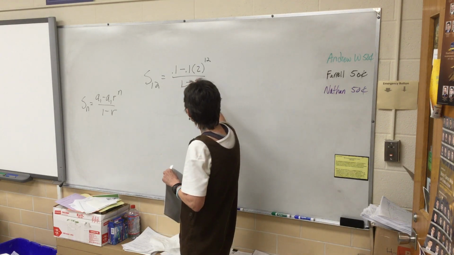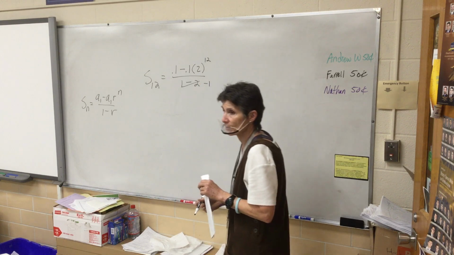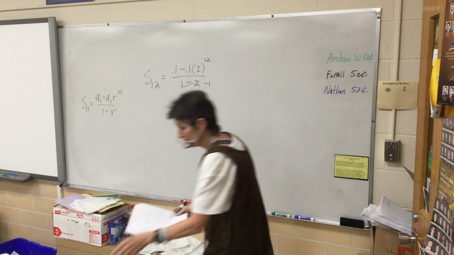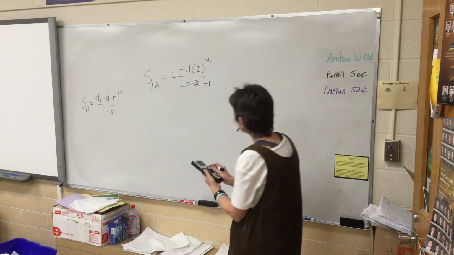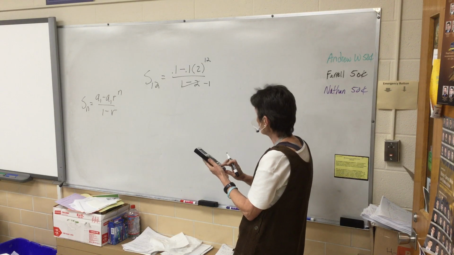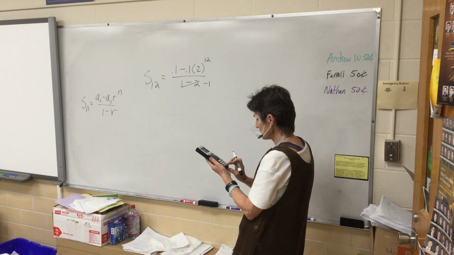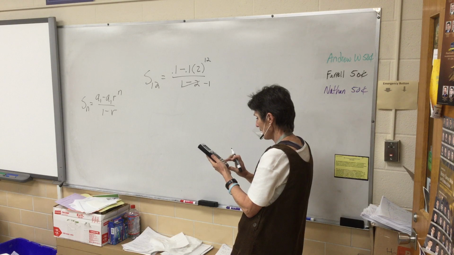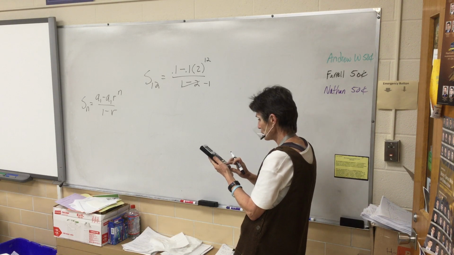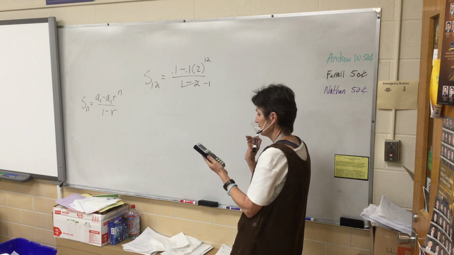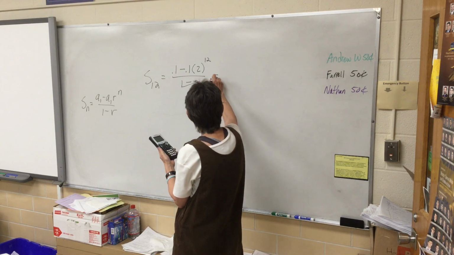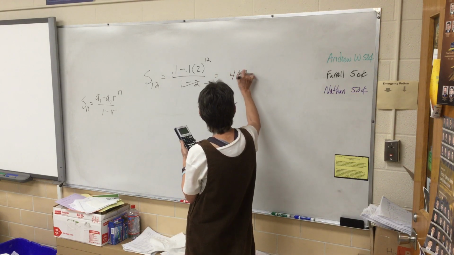Please make this -1 before you get started. Type in the numerator, 0.1 minus 0.1 times 2 to the 12th. And then divide it by -1, and you should get 409.5.